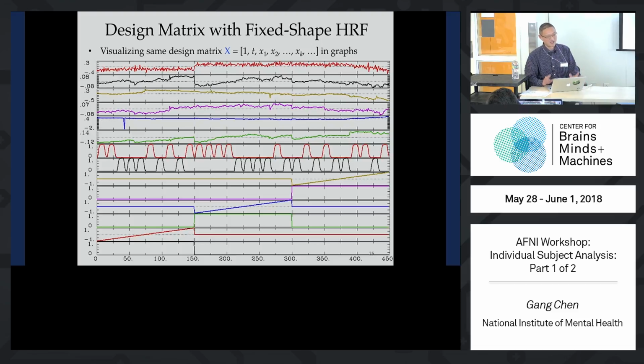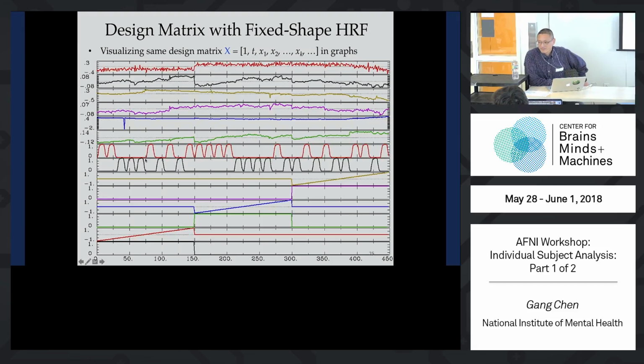Unfortunately, it's more like an assembly line for typical users. But we can come back to this issue later at the group level and talk about how to do model checking. Ideally, even for the slow drift, you could check those betas, see whether you see something in the brain, run another model with higher order polynomials, and compare the two models. You could do something like that, ideally, yes.